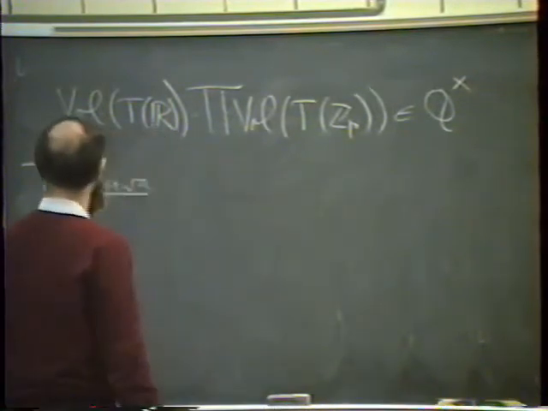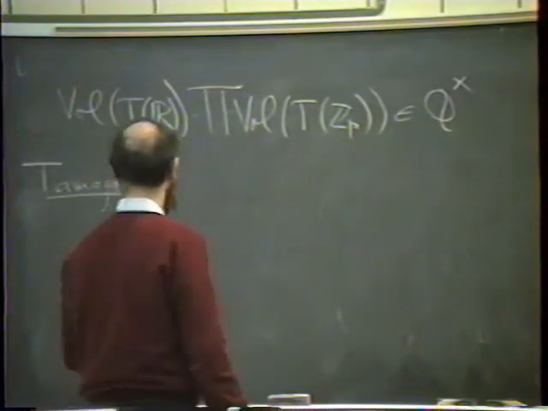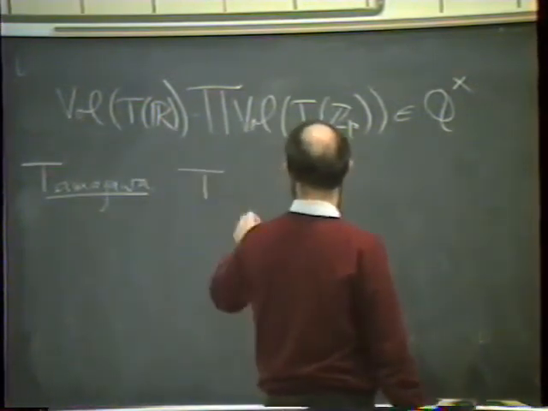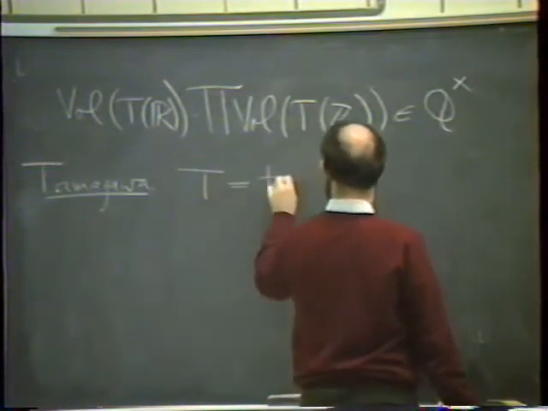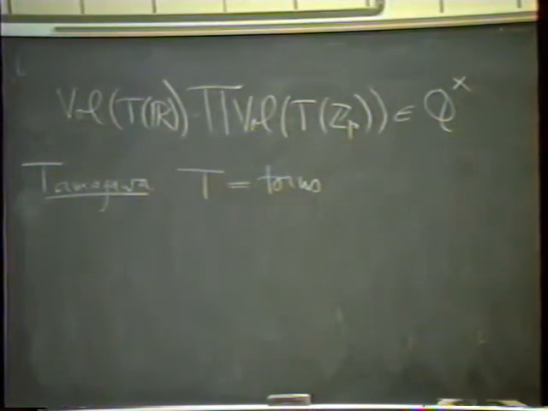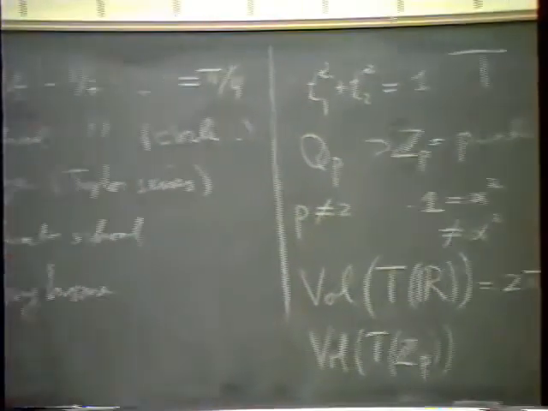And so to say things slightly more formally, this T is a torus. It's an algebraic group, defined by equation, and it's also a group. I mean, the circle is a group, has a group structure.